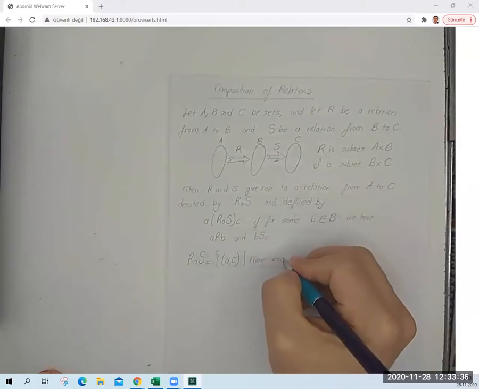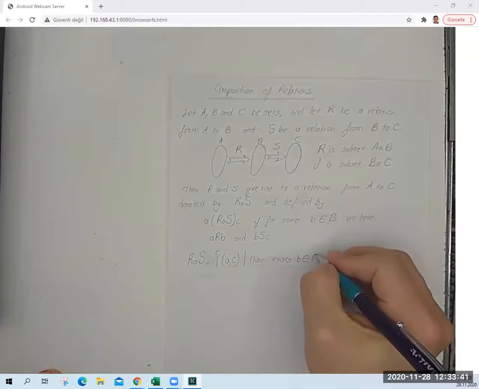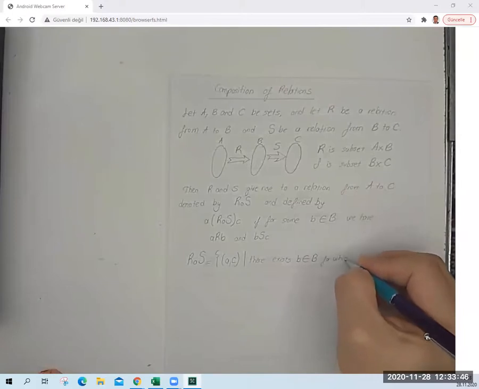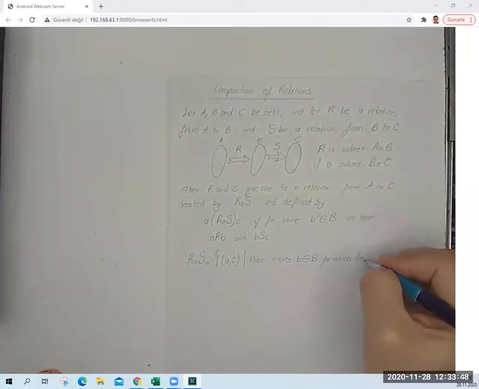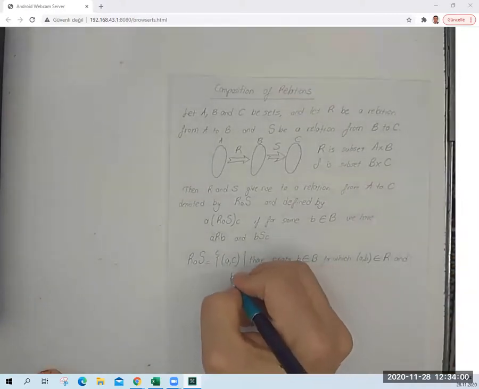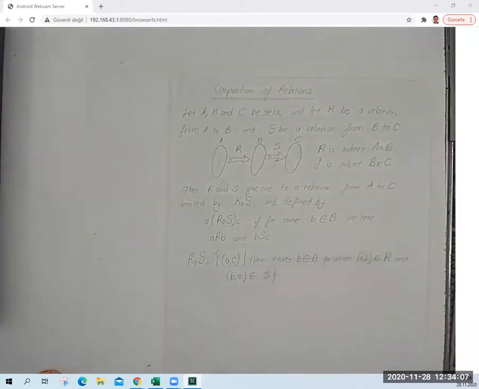There exists a B, member of set B, for which AB is a member of relation R, and BC is a member of relation S. So this is the composition relation.